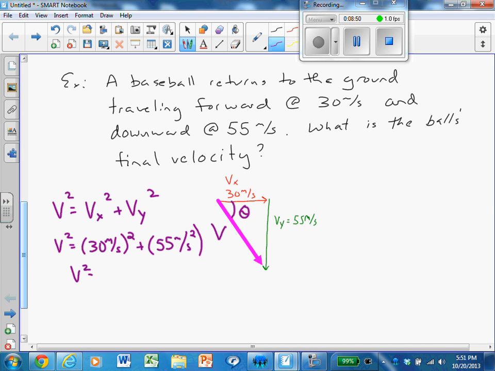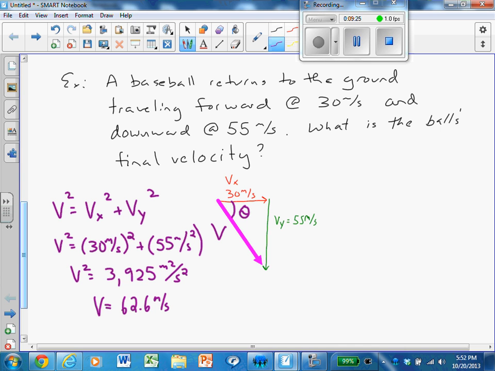V squared equals 3,925 meters squared per second squared. And V equals the square root of that, or 62.6 meters per second.